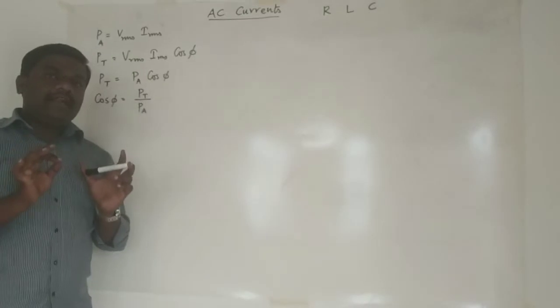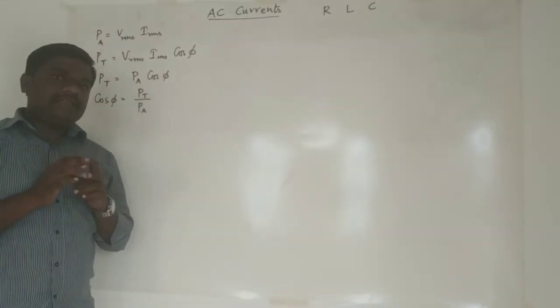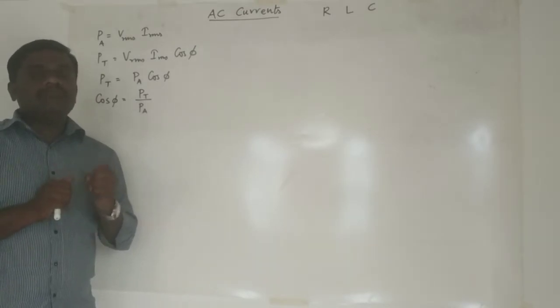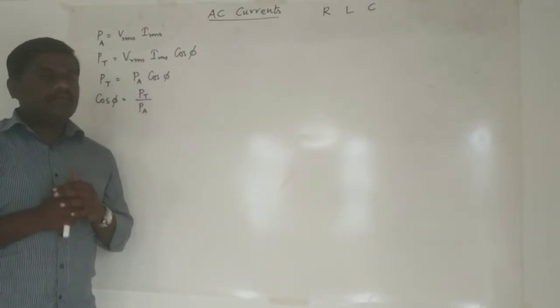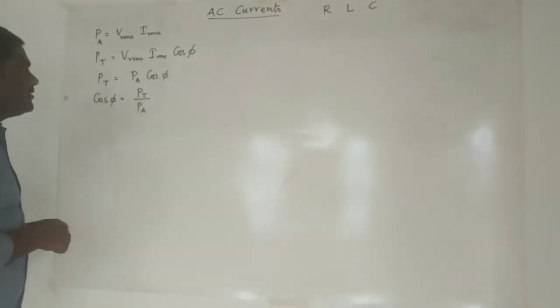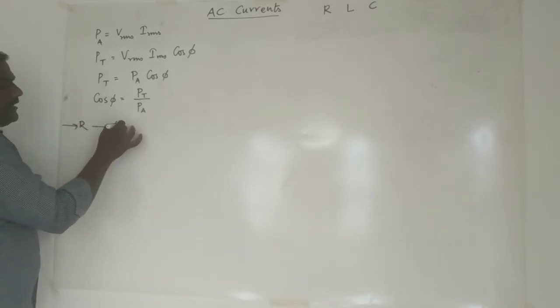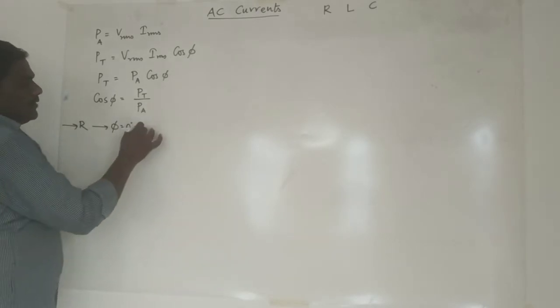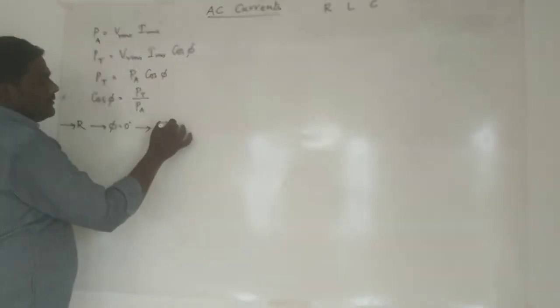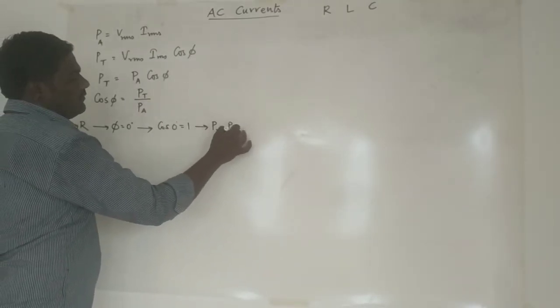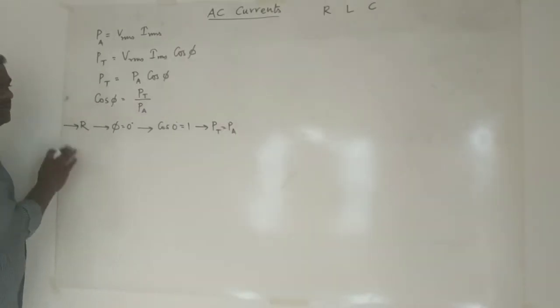One idea you can develop: electrical appliances which are majorly resistive are able to consume power in maximum quantity. So that is the first conclusion. In the case of resistor circuits, the phase angle is 0, then cos phi becomes 1, meaning true power is equal to apparent power. So this is the first conclusion.